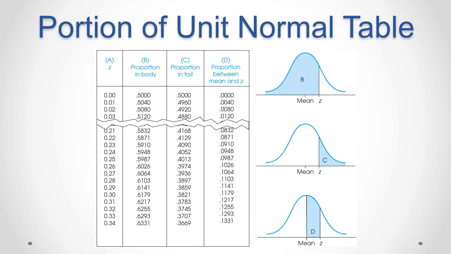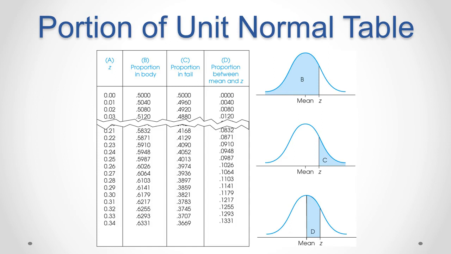Here is what the unit normal table looks like. The first column, A, is the z-score to the hundredths value. The second column, B, identifies the proportion in the larger section called the body. The third column, C, identifies the proportion in the smaller section called the tail.